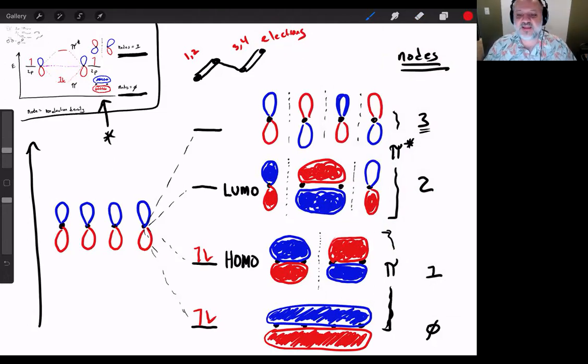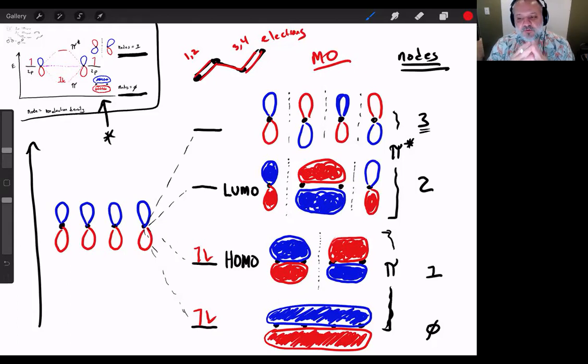And so at the end of the day, now you've drawn your full picture of the molecular orbital space from butadiene, from this molecule. It's got 4 pi electrons conjugated across 4 atoms. So I'm taking 4 unhybridized p orbitals and I'm showing how they can combine into molecular orbitals.